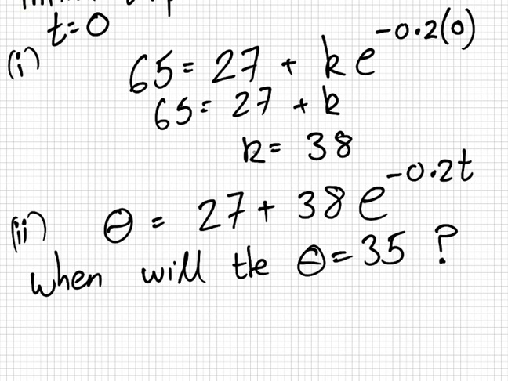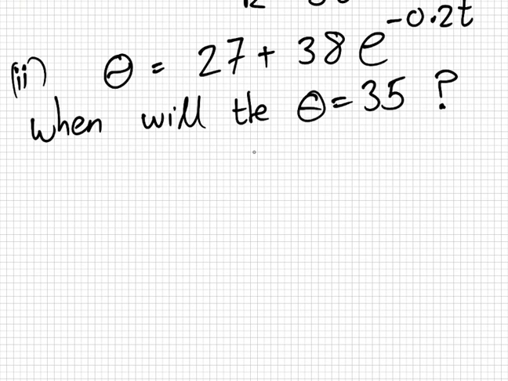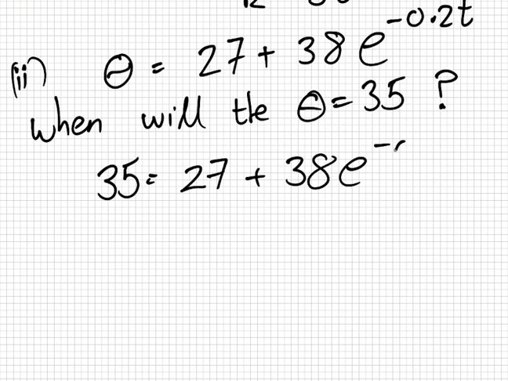I want to know what time will make this 35 degrees. So here I get this equation: 35 equals 27 plus 38 e power minus 0.2 t. And we need to solve for t. We need to find the time.